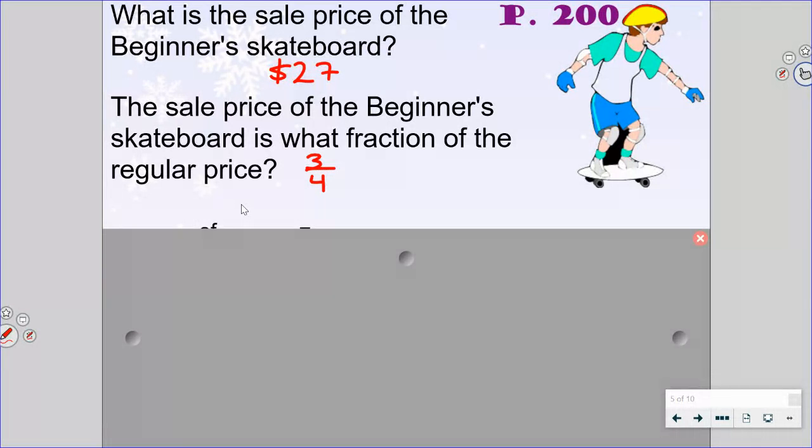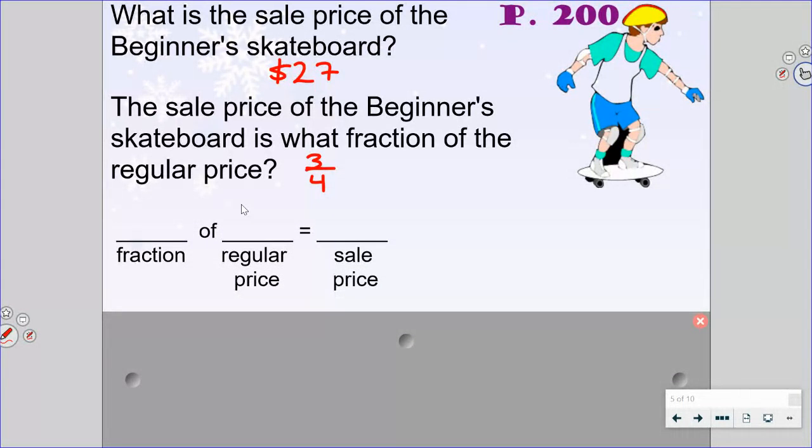So let's put that all together in one big sentence. 3/4 of some regular price, let's call that R, is equal to $27. I'm going to rewrite that in equation form.